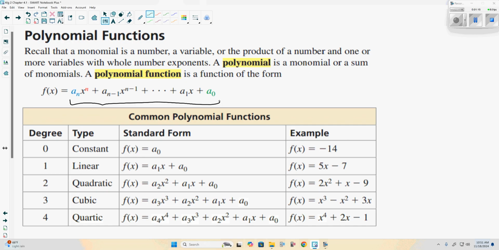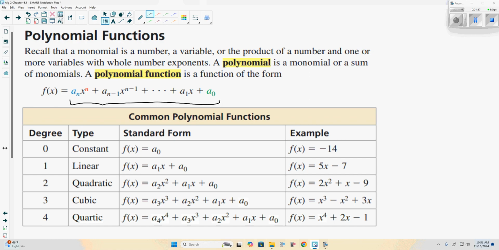It could be the same number, it could be different numbers, but we're just saying that a is a number. x to the n, where n is just a number. x to the n minus 1, so if we said n was 4, we have x to the 4th. x to the 4 minus 1 would be x to the 3rd, and just decreasing down.